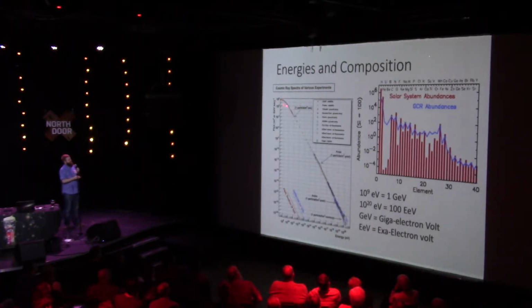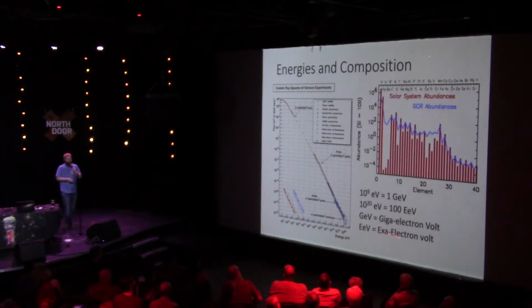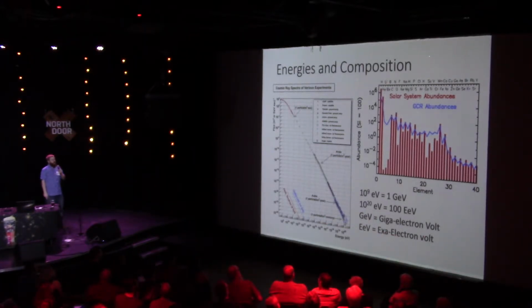The spectrum goes from 10 to the 9, so 1 giga electron volt, to 10 to the 20 electron volts, which is 1 exa electron volt. I didn't even know about this prefix until I started studying cosmic rays, because even for astronomy, 10 to the 20 is a big number.